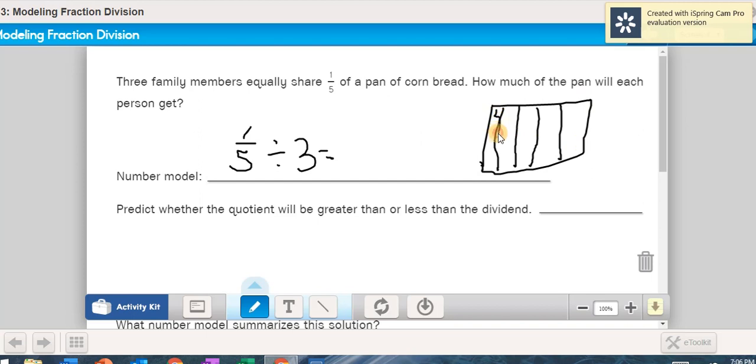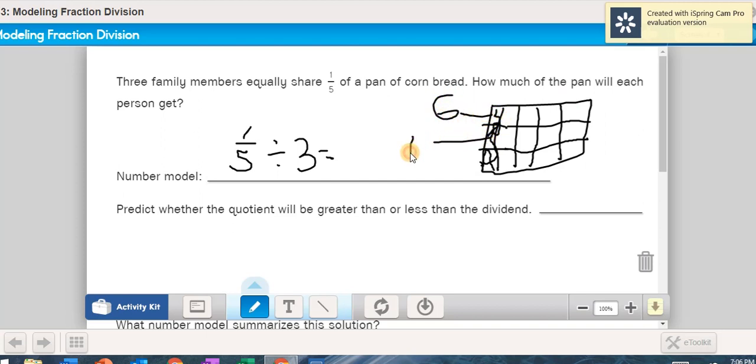Now that family only has this little piece right here because they only have 1/5 left of their cornbread. But 3 family members want it, so I'm going to karate chop it so that there are 3 pieces: 1 piece, 2 piece, 3 piece. Don't forget to extend those lines because that cornbread is still part of a whole. We just didn't have it. We only had 1/5. So maybe this piece right here can go to grandma.